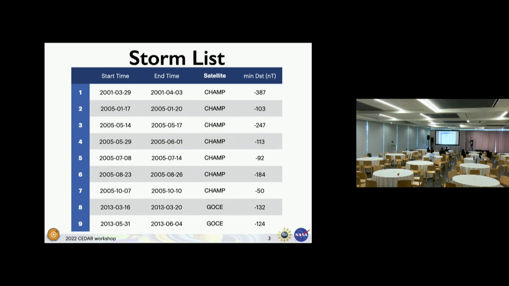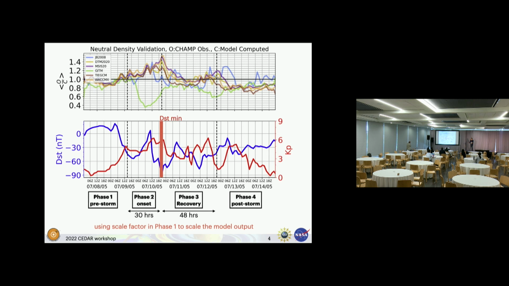Right now we choose nine storm times covered from 2001 to 2013. We want to compare the neutral density from the observation with the model. So I define four different phases, and one is a pre-storm time.